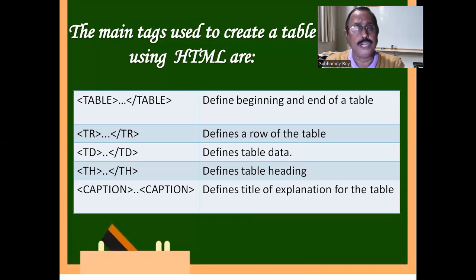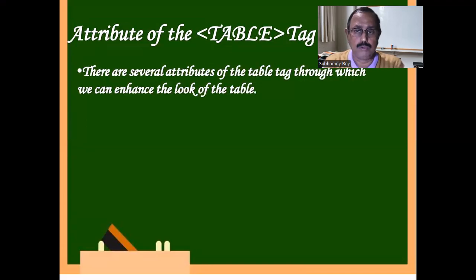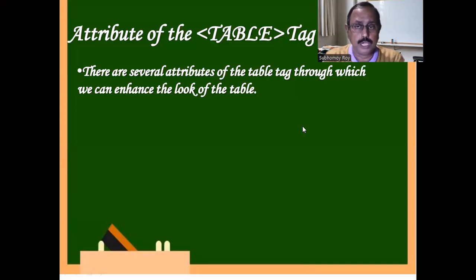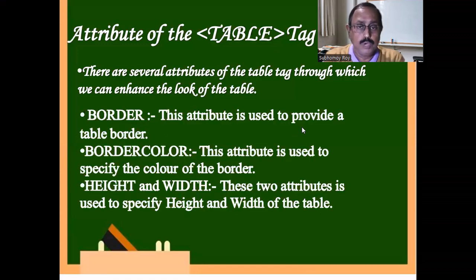First of all, we will create a very basic table. Then we will add some attributes. Now for what purpose? Attributes of the table tag. You know attributes. Attributes are those commands which glorify the table and make it much more beautiful. A table without a border is not good looking at all, I must say.